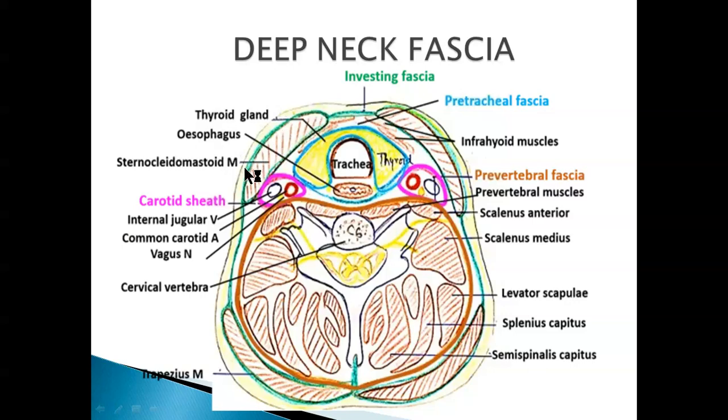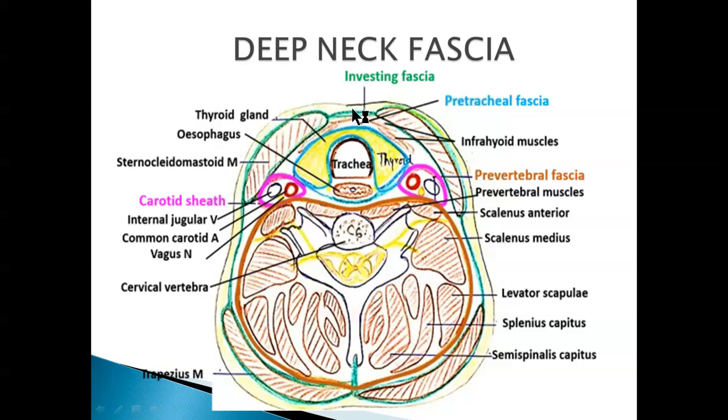Here we have the SCM, the sternocleidomastoid muscle, laterally placed on the side of the neck. It's a very, very important muscle when we are talking about neck anatomy, because all the neck triangles and everything which we will read in the upcoming slides is based on these muscles, placed bilaterally. This is your SCM, sternocleidomastoid muscle.